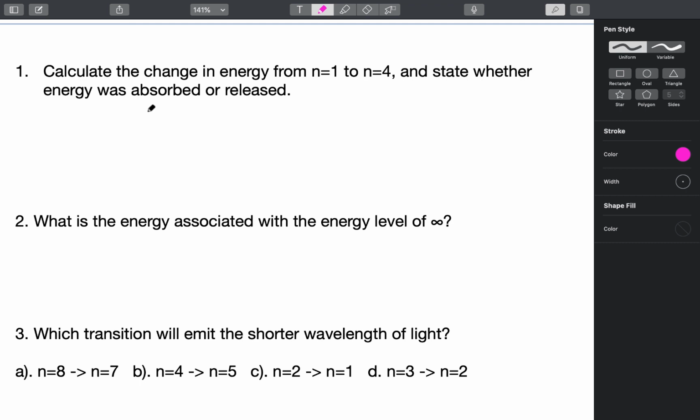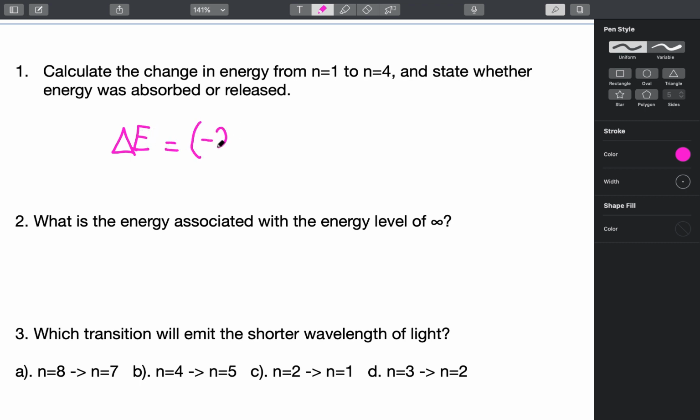So the first question asks you to calculate the energy change from n equals 1 to n equals 4 and state whether energy was absorbed or released. Now, in order to figure this question out, all you have to do is a plug and chug.